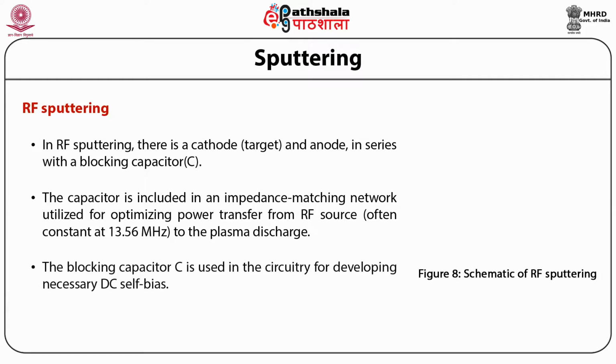The blocking capacitor C is used in the circuitry for developing the necessary DC self-bias.